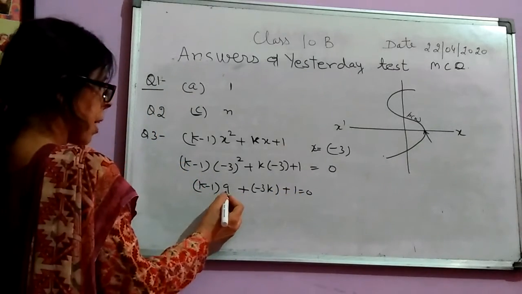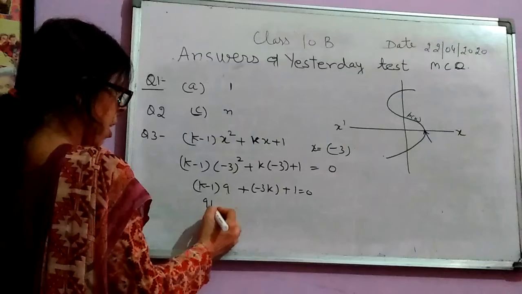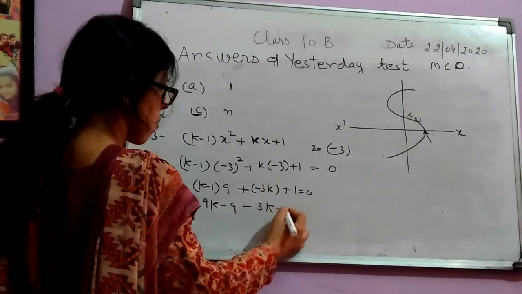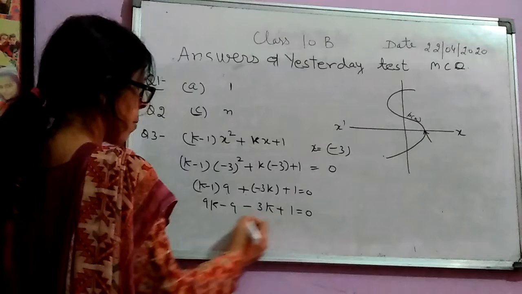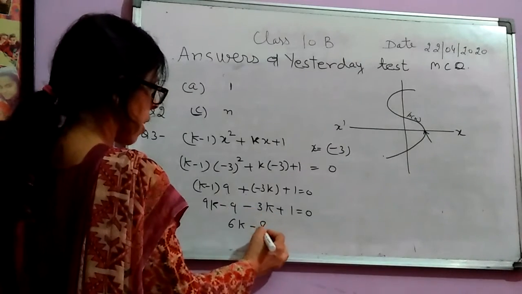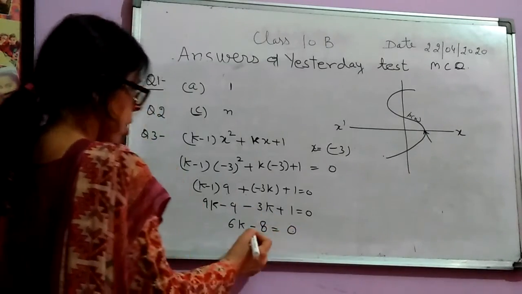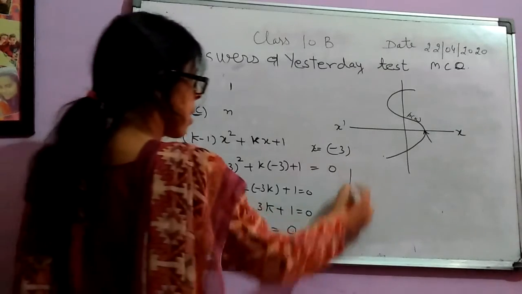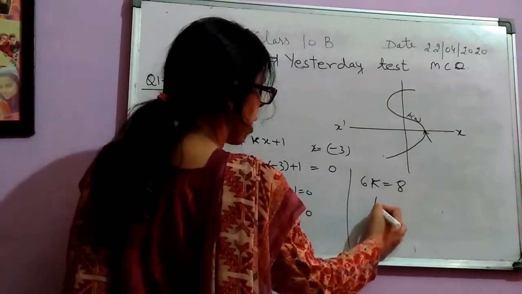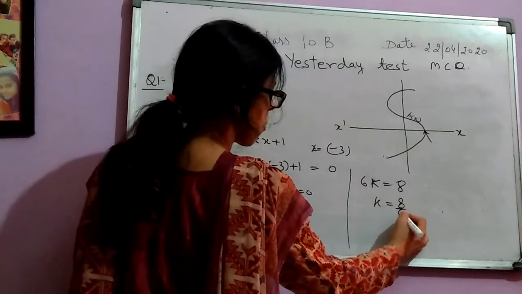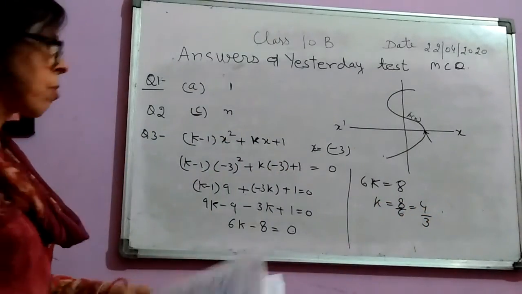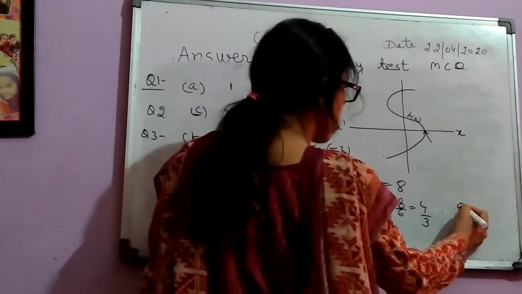Here open the bracket: 9 into k, 9k, minus 9, plus minus 3k, plus 1 equals 0. 9k minus 3k is 6k, minus 9 plus 1 is minus 8, equals 0. Now shift minus 8 to the right side, it becomes plus 8. Then k equals 8 upon 6, which is 4 upon 3. And 4 upon 3 is written in part A. So the answer of question 3 is part A.